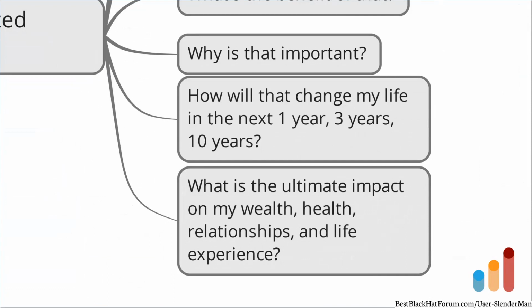And how is it going to change your life in 1 year, 3 years, 10 years to have someone staying on top of your portfolio on a monthly basis for you, telling you which stocks you should buy more shares of, which ones you should dump, which ones you should take profits on? How will that impact your wealth, your health, your relationships, your life experience?